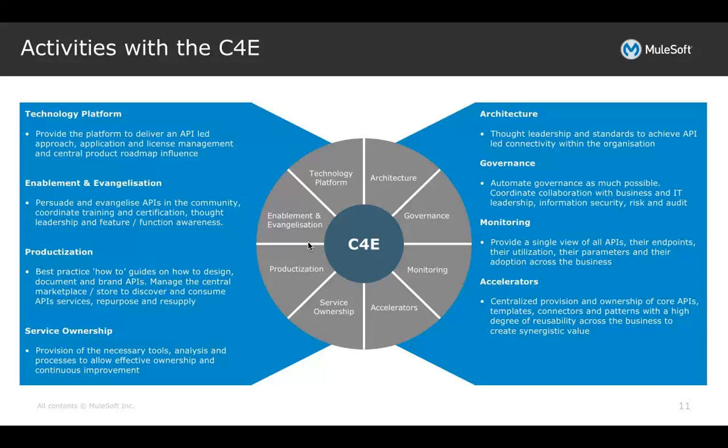If the API is available, then they can reuse it, otherwise they can build a new API from scratch. C4E has a lot of other features, as we can see here from the architectural, governance and monitoring points of view. So this really adds value to any project. Thank you.